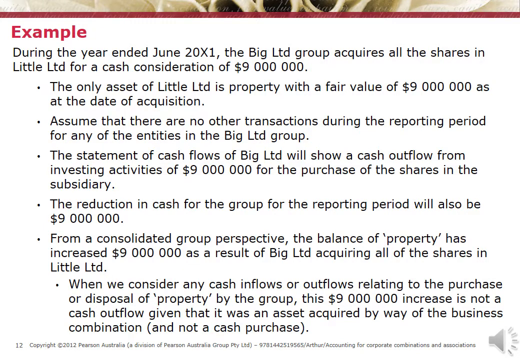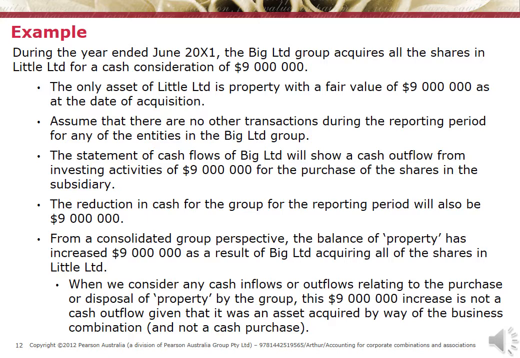In this example, Big Ltd Group acquires all the shares in Little Ltd for a cash consideration of $9 million, during the year ended June, let's say, 2011. There was only an asset of property with a fair value of $9 million as at the date of acquisition within Little.